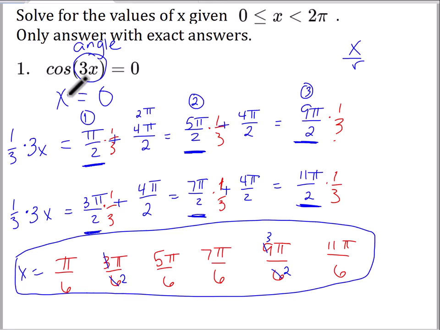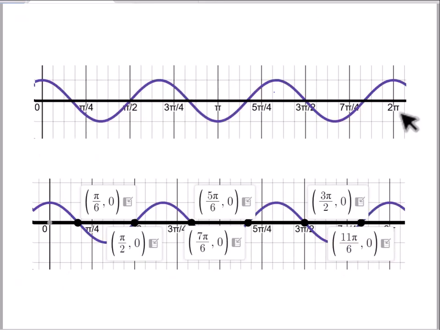And so now I'm going to actually graph this equation so that you can see what's happening in this situation. This graph goes from 0 to 2 pi. And we're looking at the graph of cosine of 3x, and we're trying to see where this graph is equal to 0.